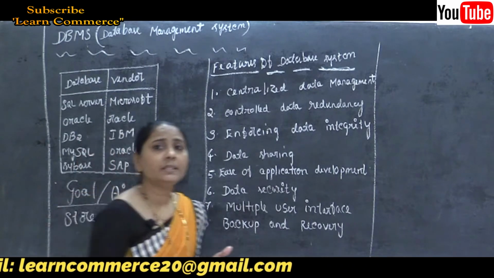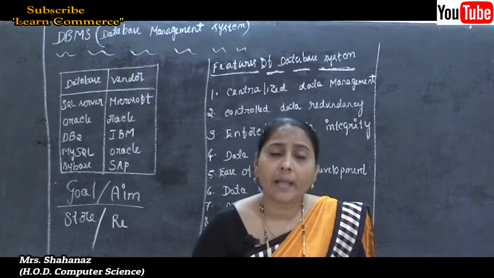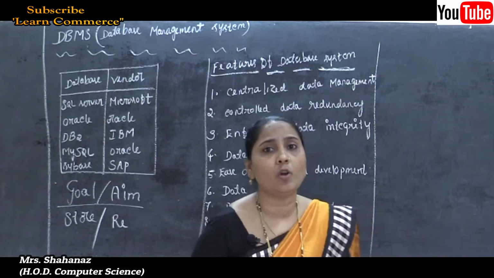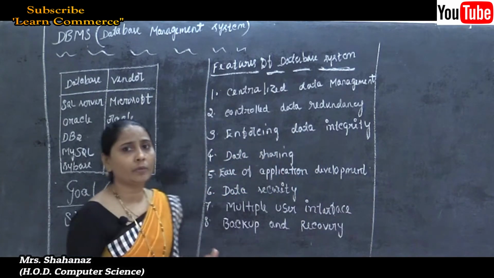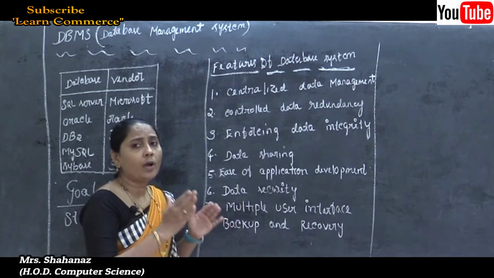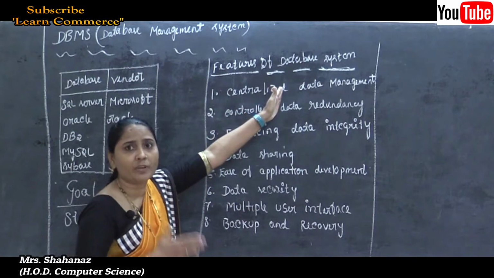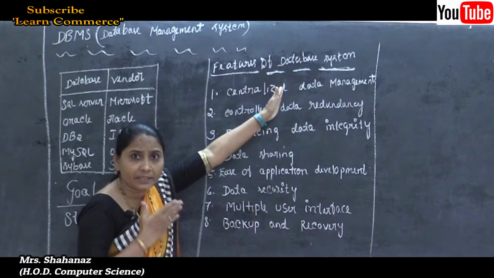In the database approach, the data can be stored at a central location. What do you mean by that? Now I am not talking about the manual file system; we are explaining the database approach.